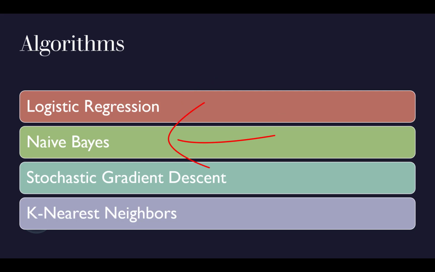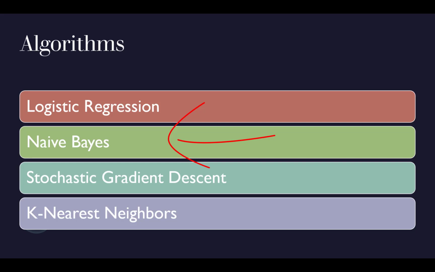The next algorithm here is naive Bayes, or the naive Bayes classifier. It is a classification algorithm based on Bayes' theorem, which gives an assumption of independence among predictors. In simple terms, a naive Bayes classifier assumes that the presence of a particular feature in a class is unrelated to the presence of any other feature.